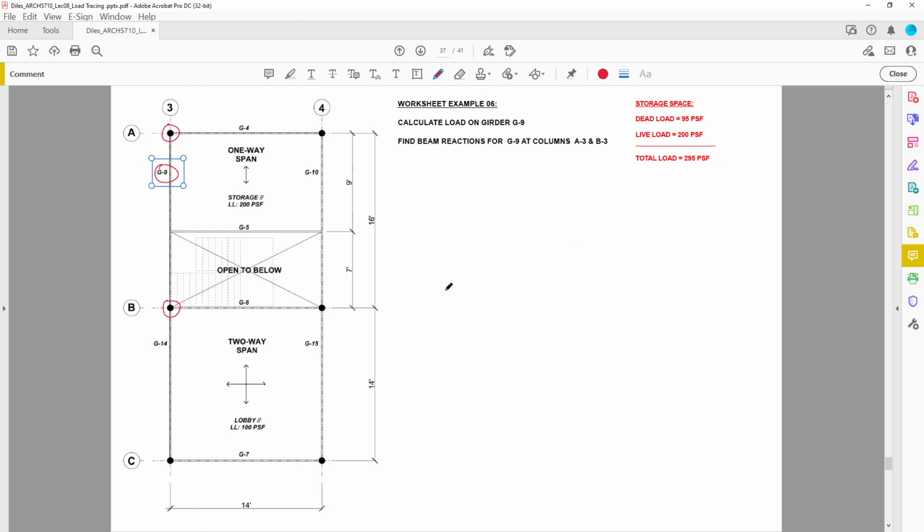All right, so let's draw a free body diagram here of G9. Let's put B3. We're going to look at it in that direction. We're going to put B3 here, and that puts A3 on the right-hand side.